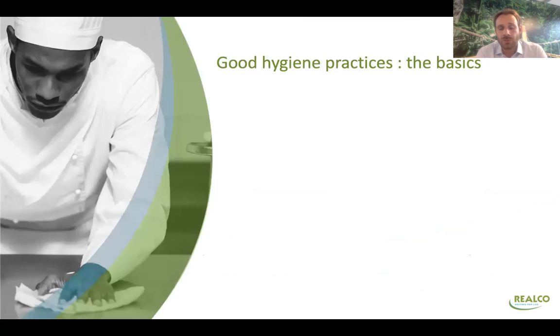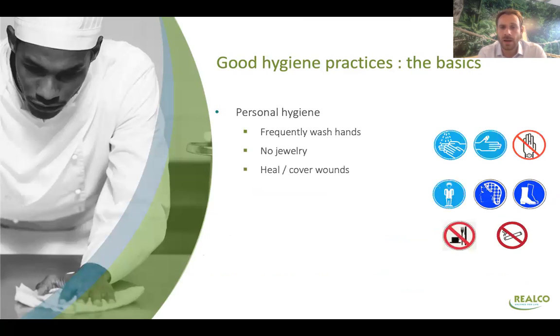So the good hygiene practices, I think this is the basic, and I will start with that. This is the personal hygiene. Basically, people are helping you to clean and sanitize the environment of your production lines. And it's really important to know that those persons have to be very careful and really compliant with the rules. So the first thing is to have a very good personal hygiene. It means frequently cleaning the hands.